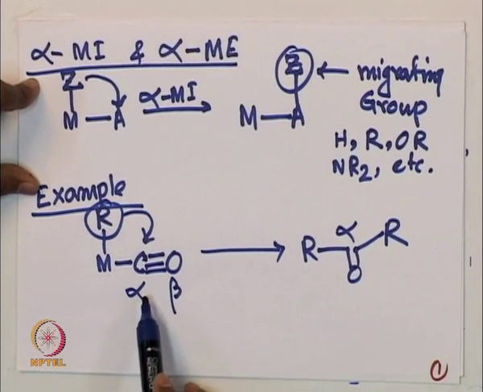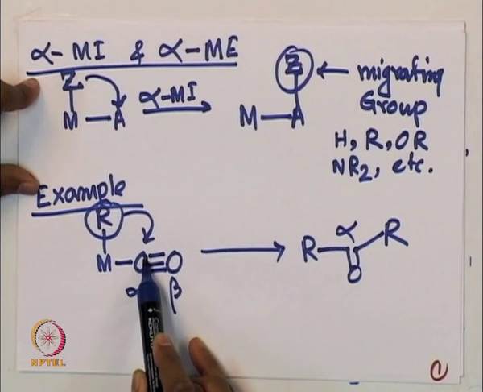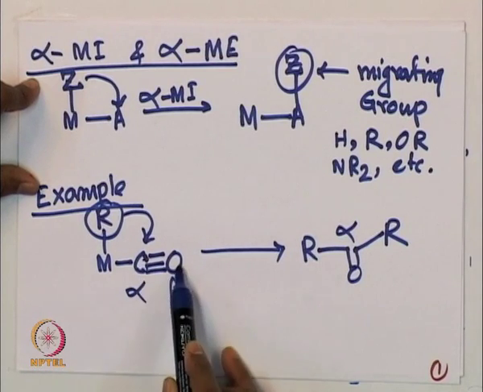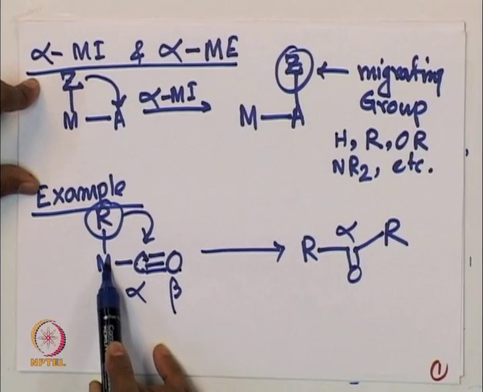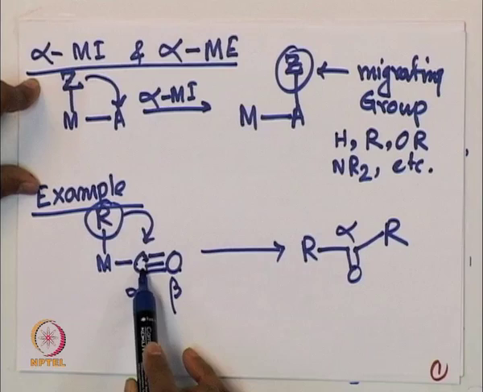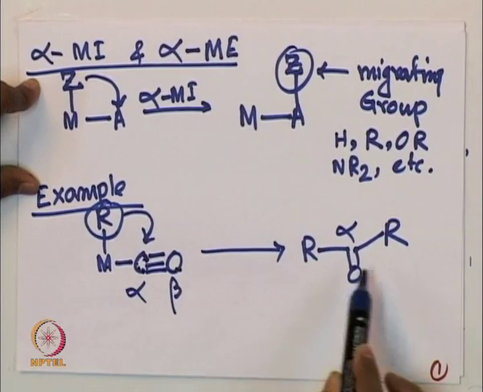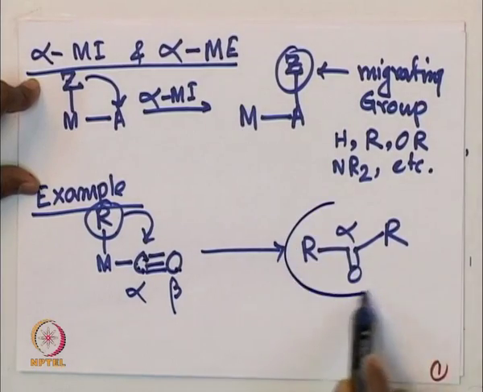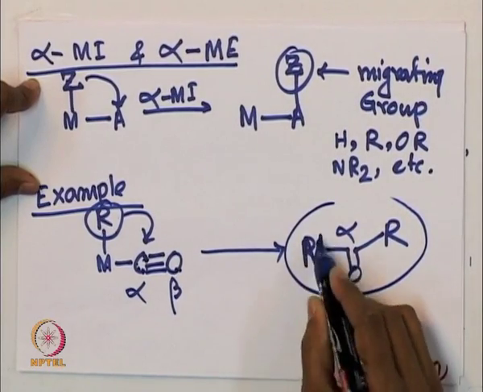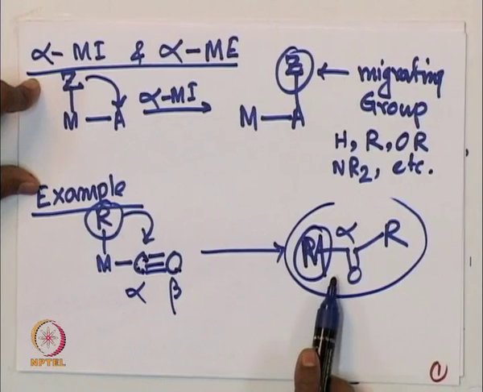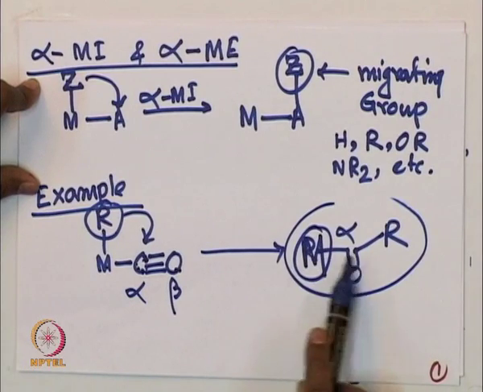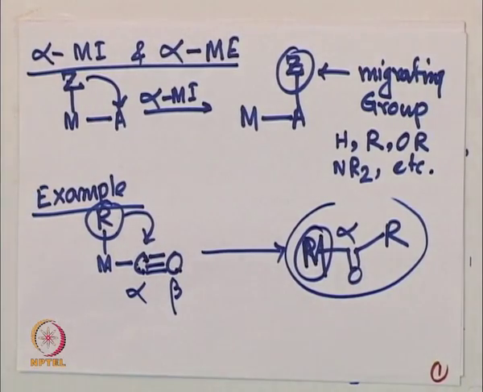So, once again, this is the alpha carbon or alpha position, beta position. Alpha is directly coordinated with the metal and the R group is migrating on the alpha position, not on the beta position. So, you get this species, sorry, this should be M. Okay. You get this species where an M-COR species is formed.